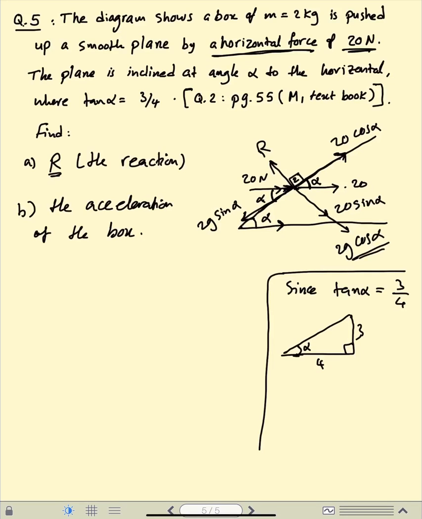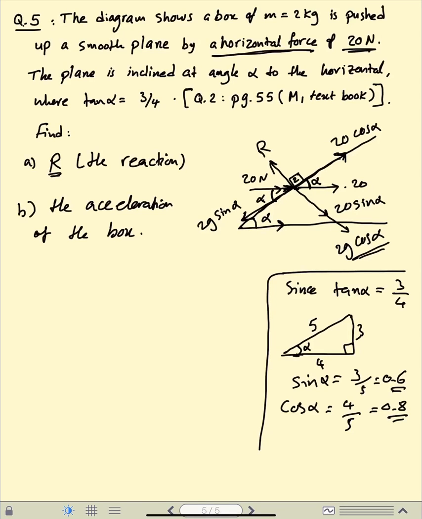Opposite over adjacent. So by Pythagoras, this is 5. So sine alpha is 3 over 5 or 0.6, and cosine alpha is the adjacent over the hypotenuse, 4 over 5, which is 0.8. So we know them.